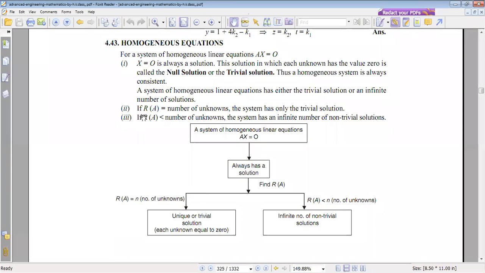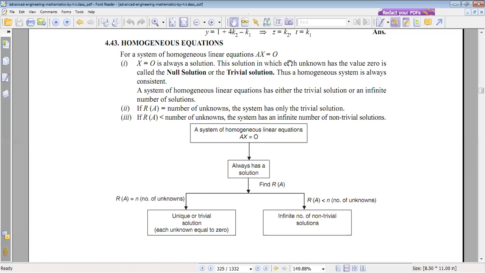So first, if the rank of A, that means the rank of the matrix A, is equal to the number of unknowns, then the system has only the trivial solution.